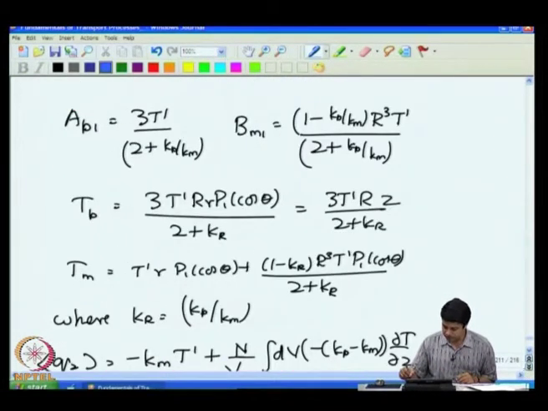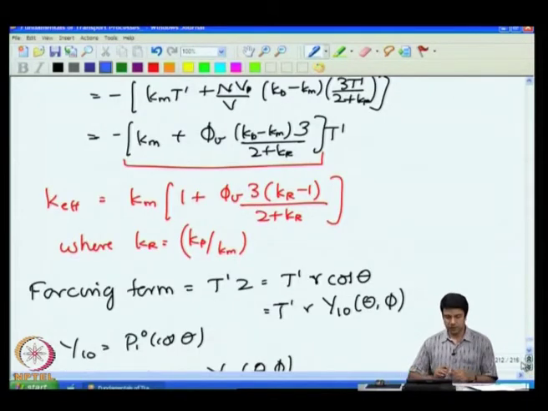And we had used that usefully to actually get the effective conductivity of a composite material in the limit where the composite was dilute, in the sense that the volume fraction of the particles was small, so that the distance between particles was large compared to the particle radius. In that case, the temperature field around one particle is not significantly distorted by the effect of other particles. So, in that case, we had actually derived the thermal conductivity in the last lecture.